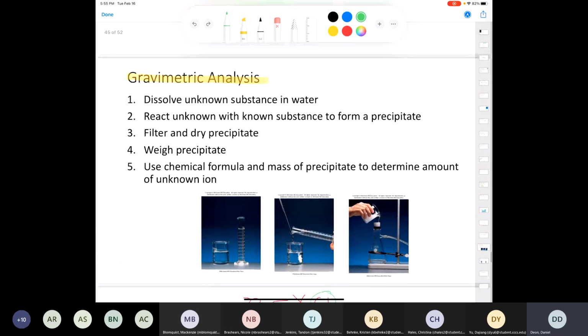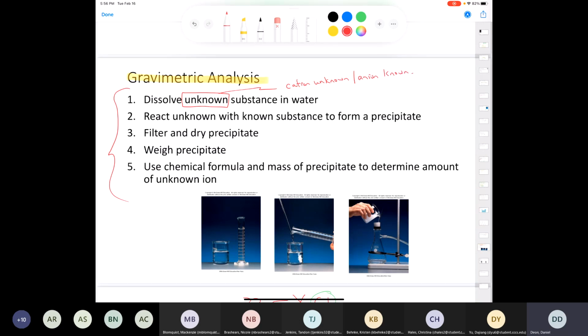So the steps are shown here of what gravimetric analysis is. You take that unknown substance and you dissolve it in water. In this example that we're looking at, cation unknown, anion known. So basically, it's not completely unknown.